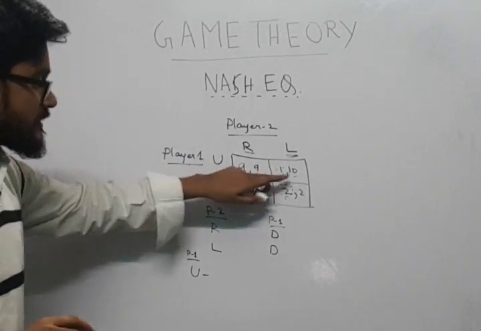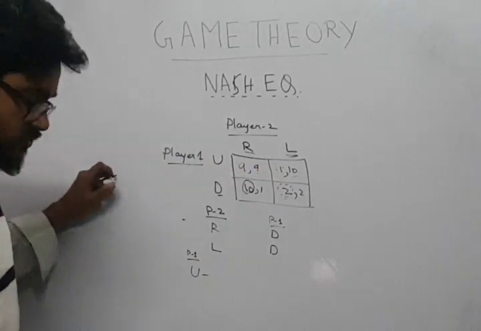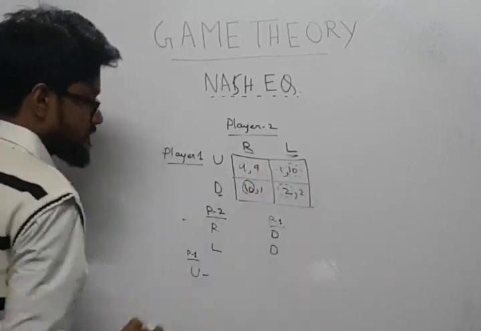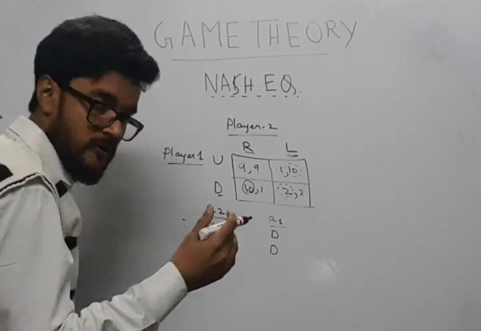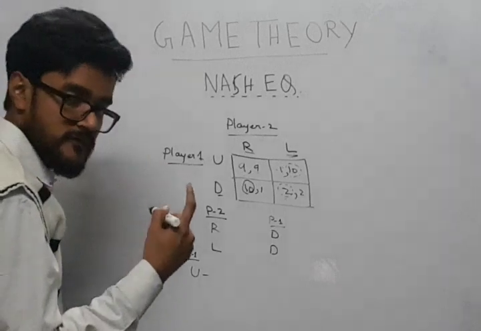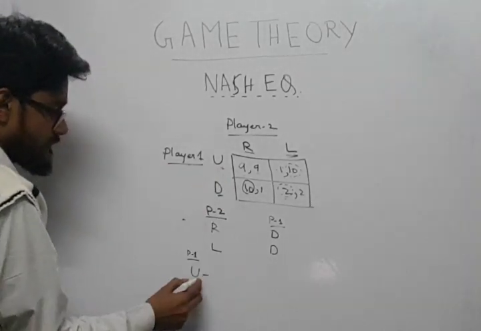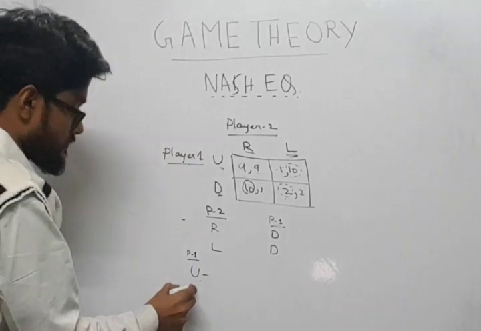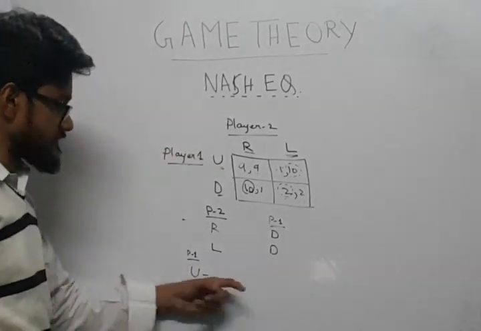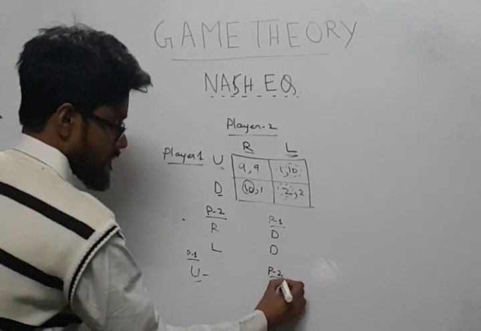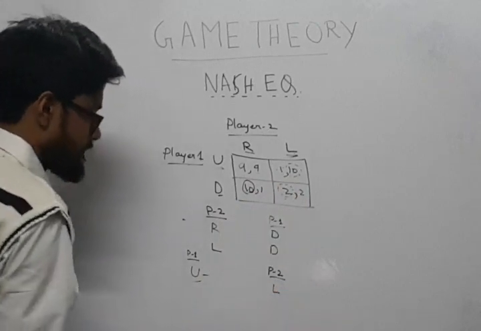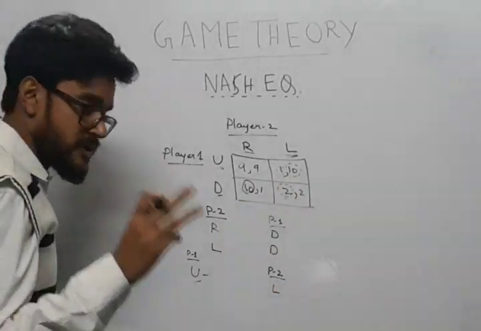Taking these two numbers, we conclude the best response given player 1's move U. So when player 1 plays U, player 2 plays L.